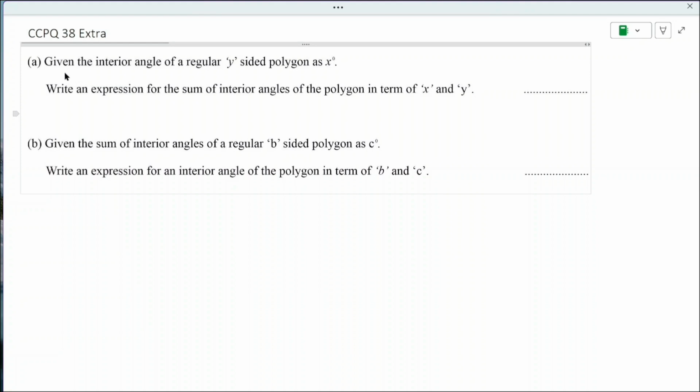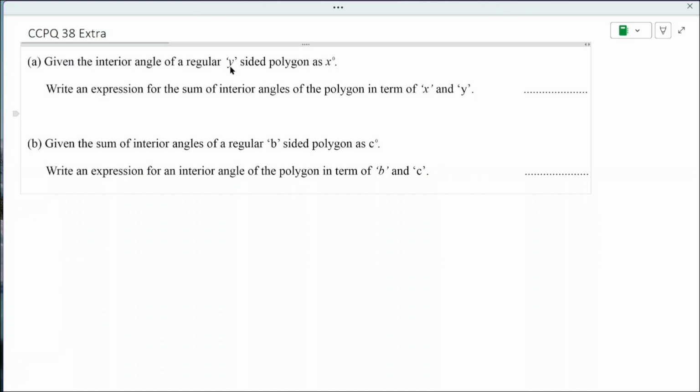You just need to understand what the question is all about. Going back to the beginning, it says given the interior angle of a regular y-sided polygon. In this case, you're not given the numerical value for the number of sides of the polygon. You have it as y. It could be a 7-sided polygon, it could be an 8-sided polygon, but here you have it as y.